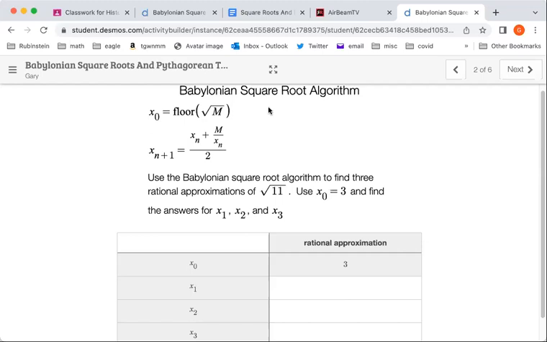Actually, there only needs to be 5 groups. So 1, 2, and 3 will be for math teachers, and 4 and 5 will be for math majors. And you could choose whichever group you want to go into.